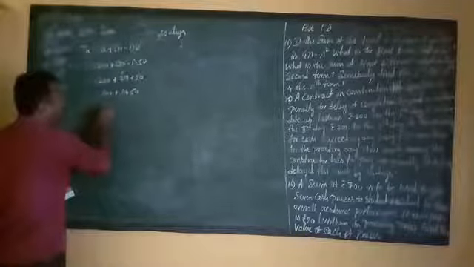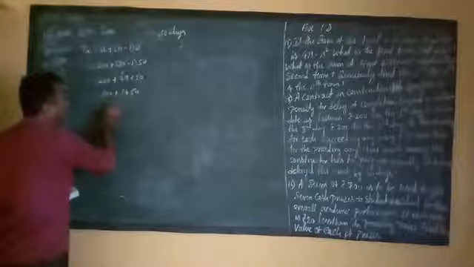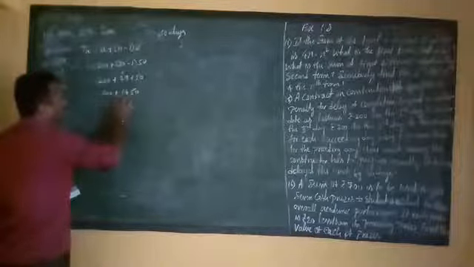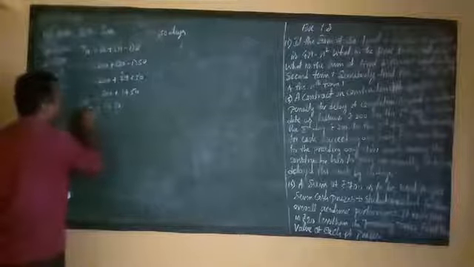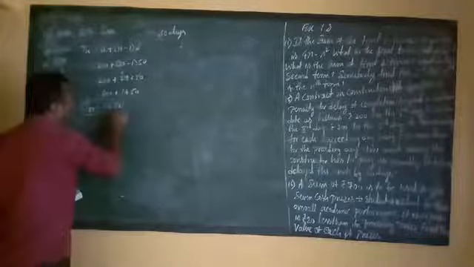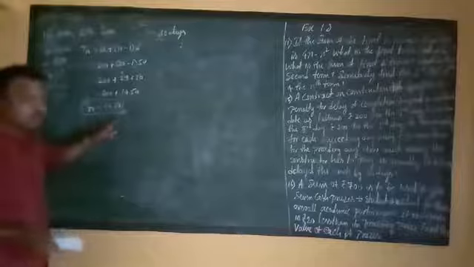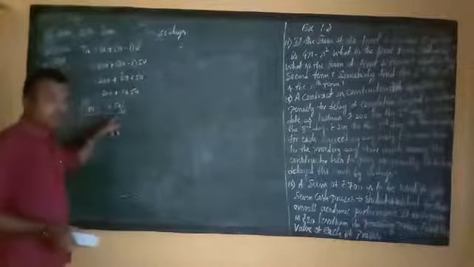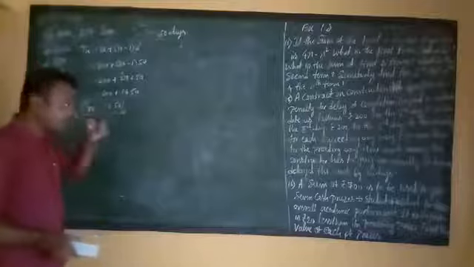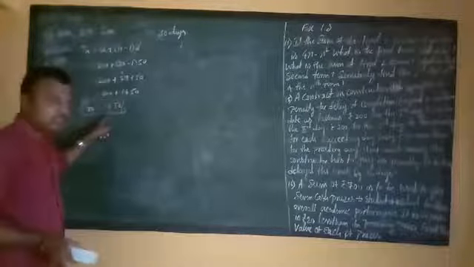If you add 200, it is 1650. So this is T30. On the 30th day, he has to pay 1650 rupees. First day penalty 200, second day 250, third day 300, and on the 30th day 1650.